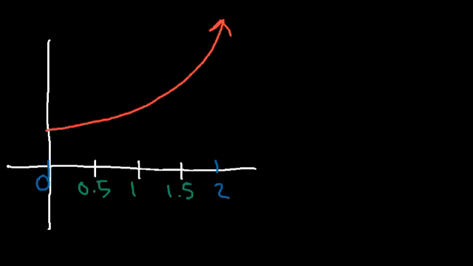So let's put a point on the curve at 0.25, 0.75, 1.25, and 1.75. Now to draw the rectangle, draw a horizontal line that passes through the point. So it's going to look like this. And let's draw another one. And another one. And one more.